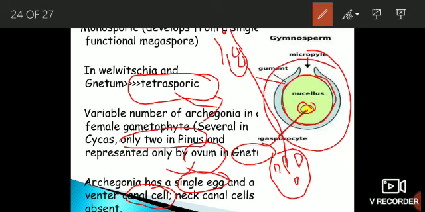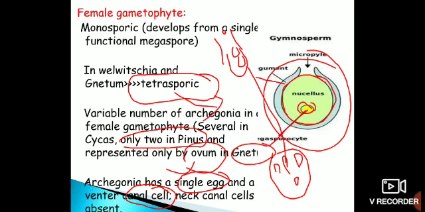I will repeat. The female gametophyte in gymnosperms develops from the megaspore, okay, and this development takes place from a single megaspore. There are 4 megaspores. They form from the megasporocyte as a result of meiosis, and only 1 functions. That is why this development is known as monosporic development. However, in Welwitschia and Gnetum, all the 4 megaspores which result from this megasporocyte form the female gametophyte.